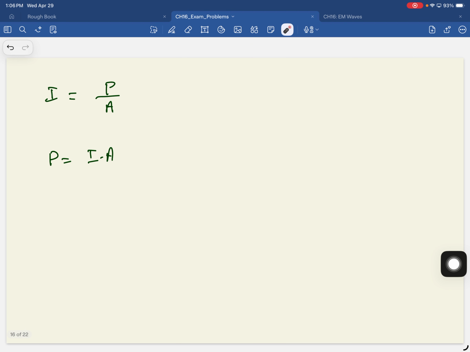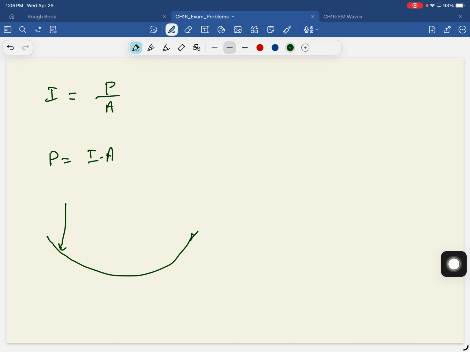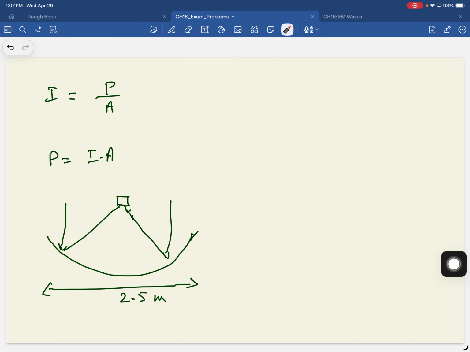By the way, the dish is parabolic, and it will receive light and then focus it to a receiver. The relevant area is the area of that circle, and that's the diameter.